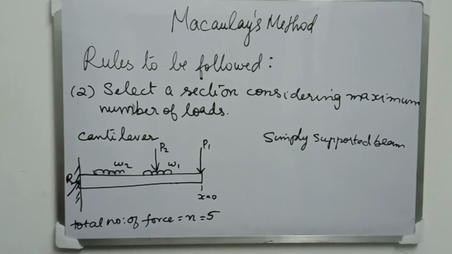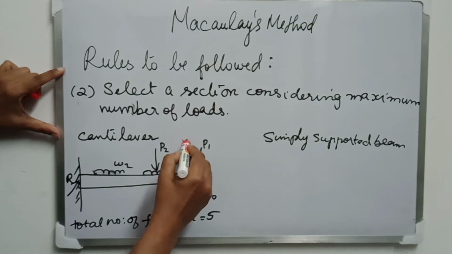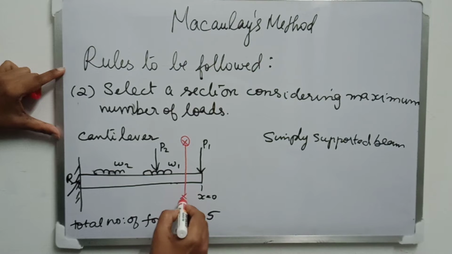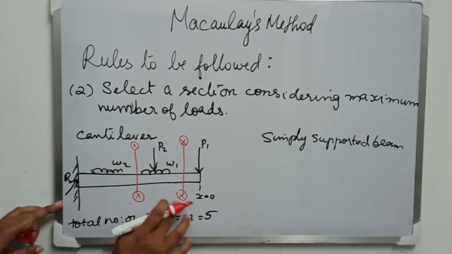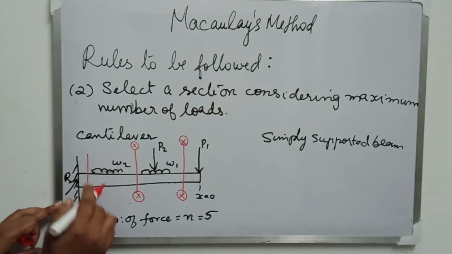Starting from the free end, if I am taking this section XX, you can see that there is only one load, that is P1, towards the right of the selected section. Again I am taking two more sections named XX.